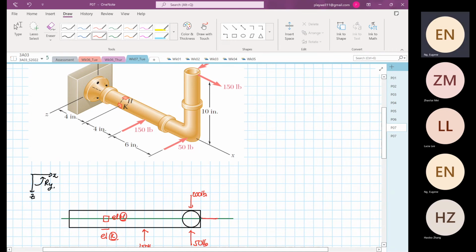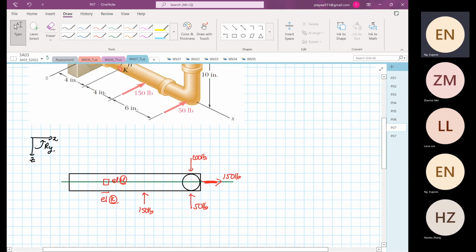And then from here, over here, you see 150 pounds. Now you realize that the 150 pounds you can see from the plan view is acting on the what? On the neutral axis. That's why we call it our axial load. Yes? So I'm going to call this our neutral axis.